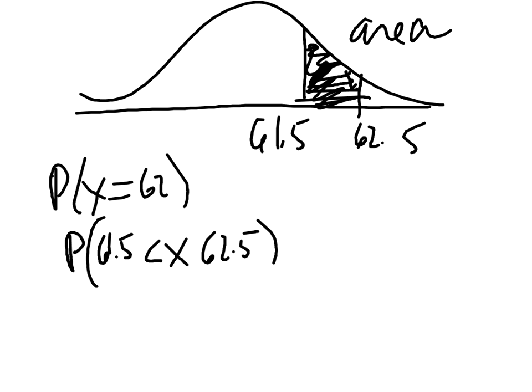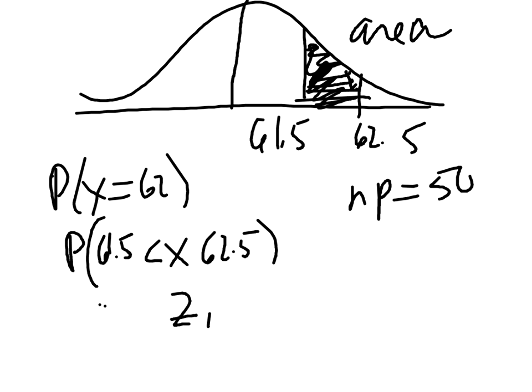So notice what they do then. They figure out the two z-values, and I'll set the first one up, the first z being for 61.5. The book calls that Z1. Oh, I forgot to put our average there. Remember that NP was equal to 50, it was 200 times 0.25, or 50.